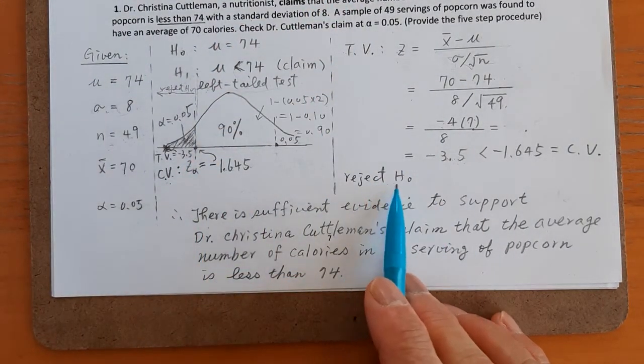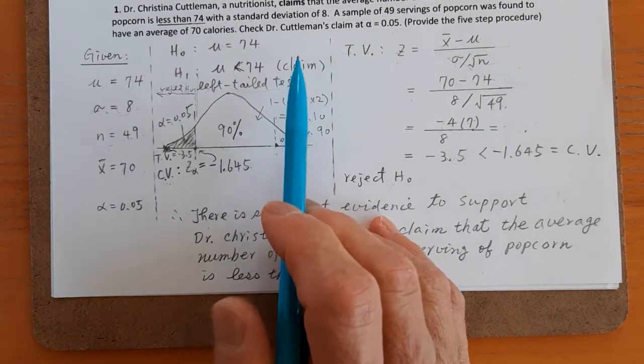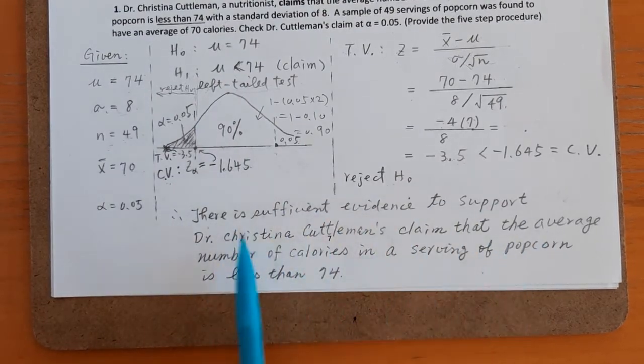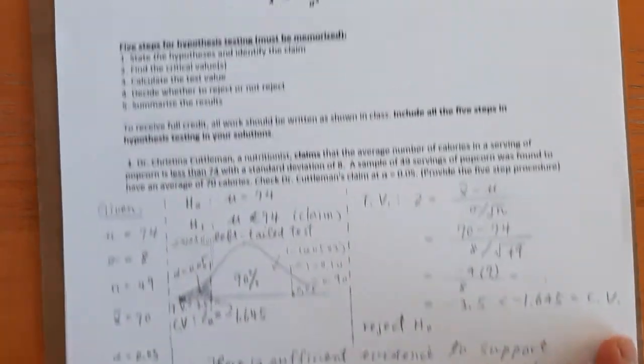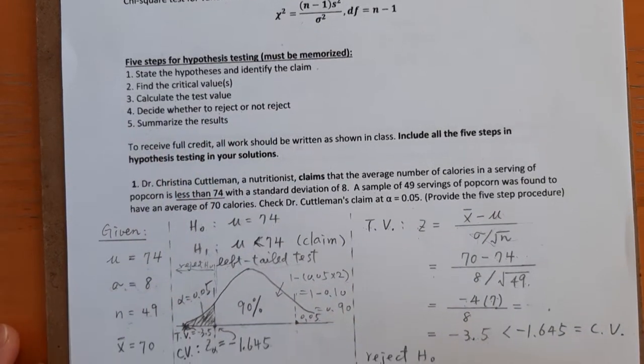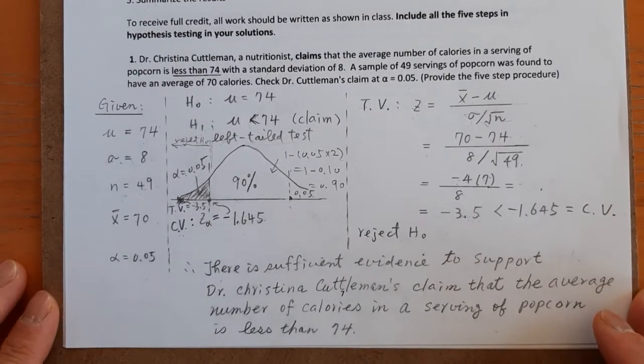So this is a reject H0. And then we write down the wording. How to write the wording? Final conclusions. The fifth step, summarize the results, is wording the final conclusions.